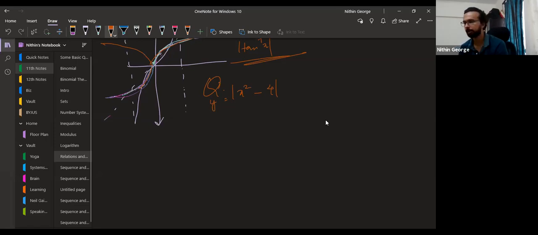Where is x square minus 4? Please try to draw the graph. Did you draw anything?